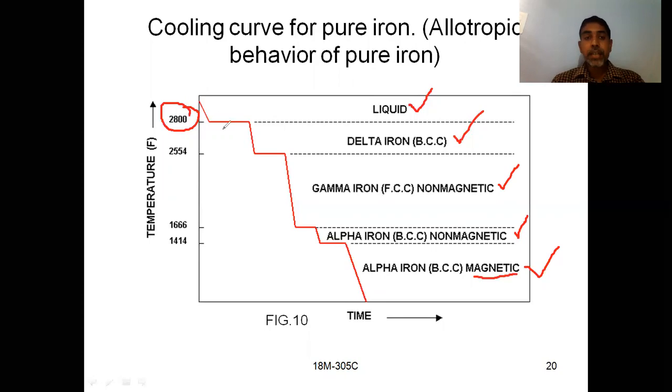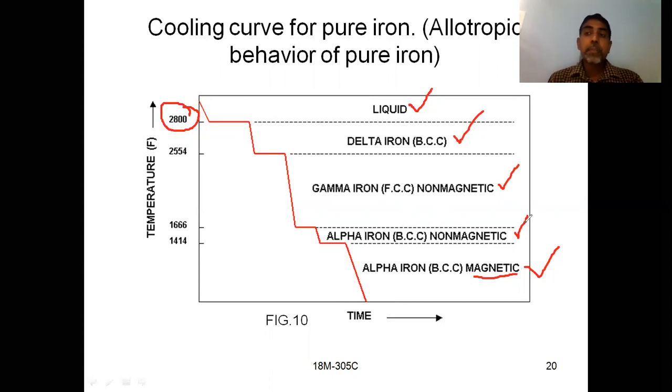If you see here, when I cool the pure iron, what is happening? It is existing in delta iron, gamma iron, alpha iron non-magnetic, alpha iron magnetic. So it is showing different crystal structures while I am cooling from liquid to solid.